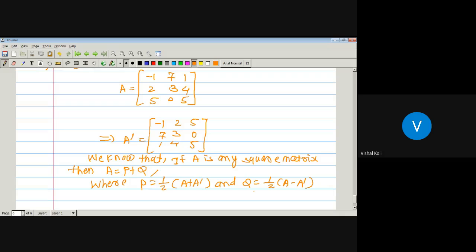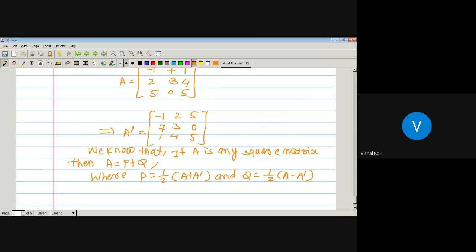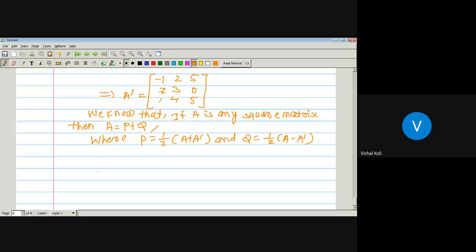P is a symmetric matrix and Q is a skew symmetric matrix.